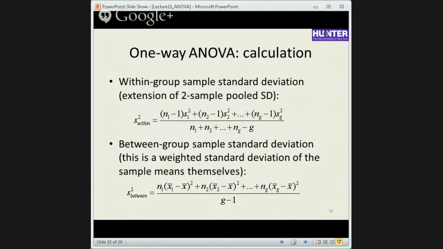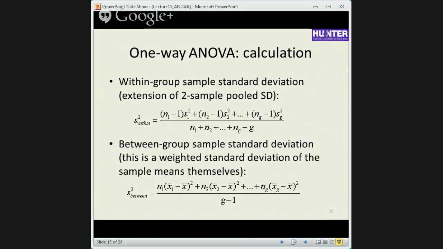Okay, so here, in case you want to do a hand calculation of the analysis of variance, if you want to try it out with this toy example we gave, just to really see how it works, here is how you do it. There are these two S squareds. The within, so remember in the box plot or those normal distributions that I showed, this S1, S2, and S3 would be the sample standard deviation that you count within each group.